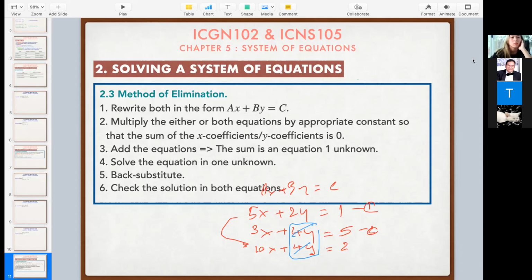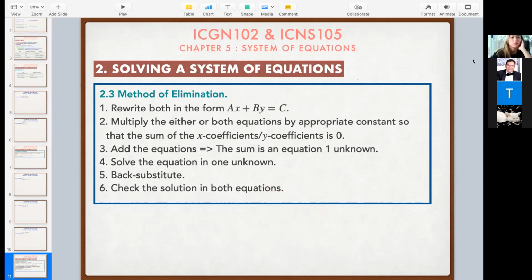When you add or subtract these two equations, we have one unknown left. In this case we have just x left, and when we have x left, you can solve for x easily. When you get x already, you back substitute x into the equation, and then the last step that I always tell you: check the solution on both equations.